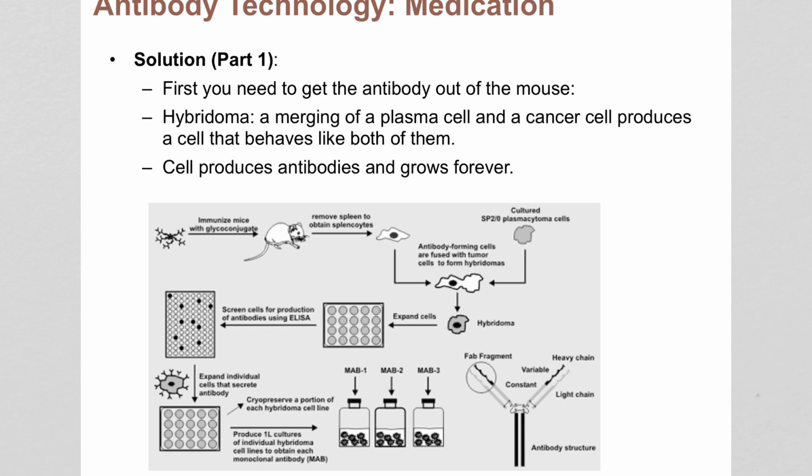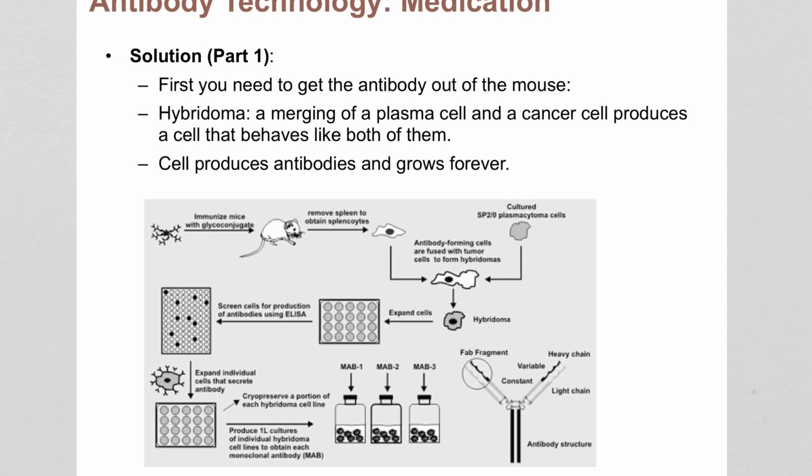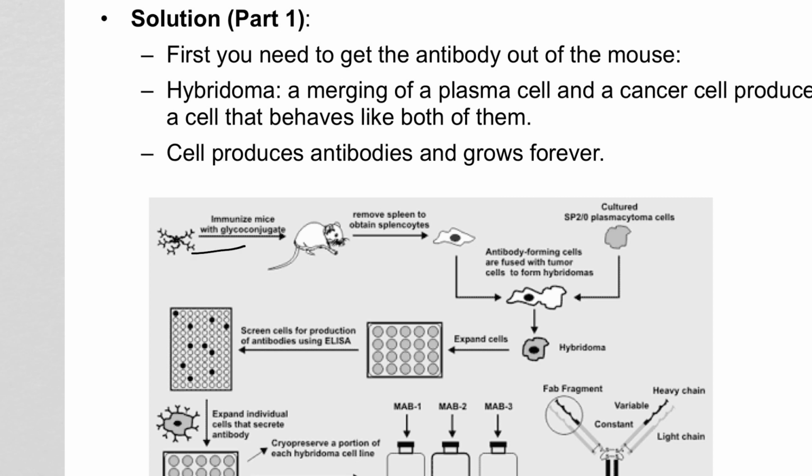All right, so for part one of this, we need to find an antibody that we're going to use in the first place. And the way that we normally do this is we immunize our mouse with proteins and glycoproteins, that is glycoconjugates, from the tumor, for example, if cancer is what we're targeting.